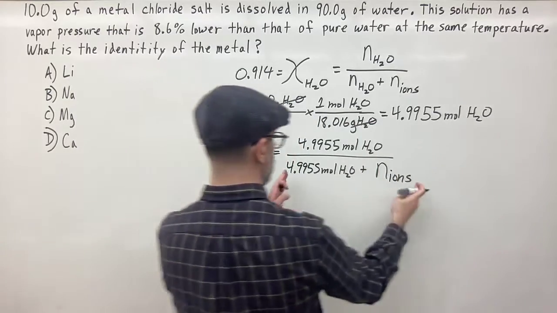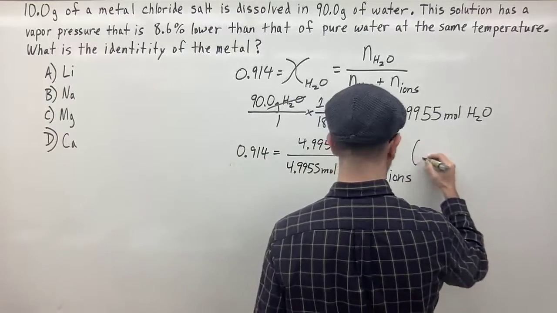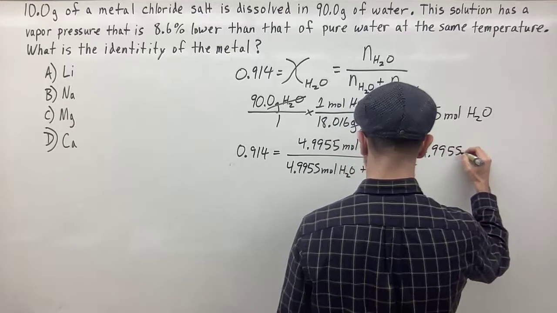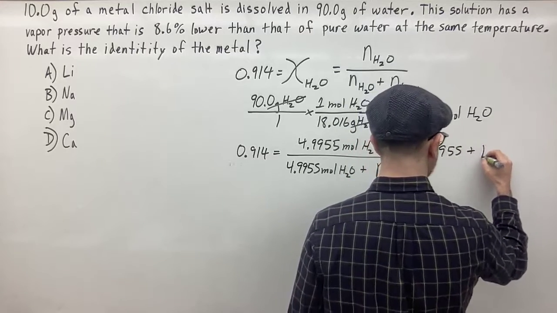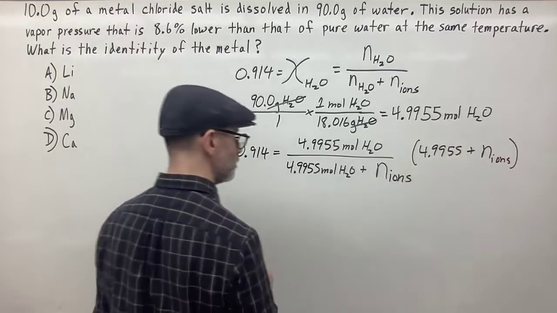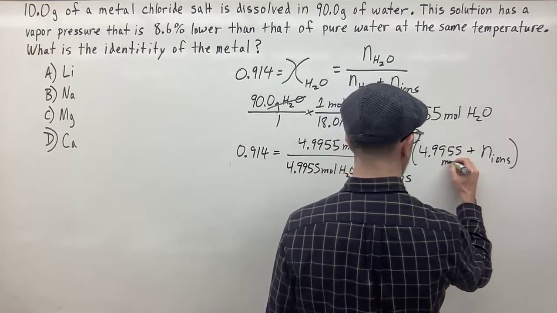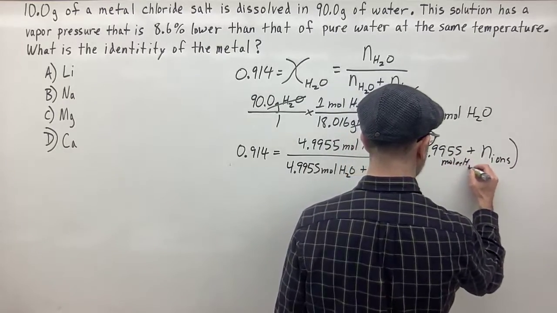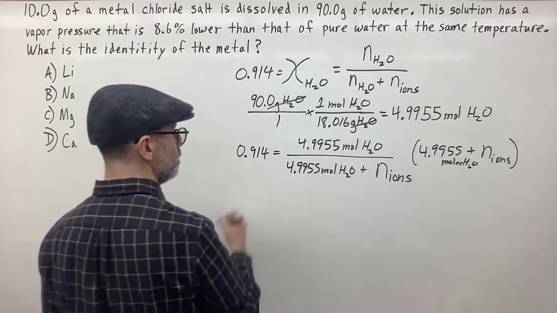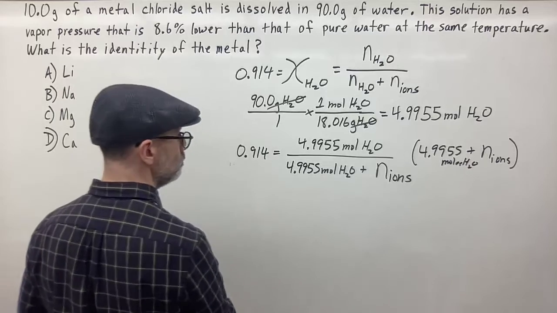So we're going to need to multiply both sides by 4.9955 plus N of the ions. Again, this is moles, or just moles.